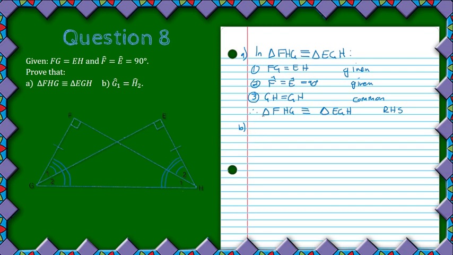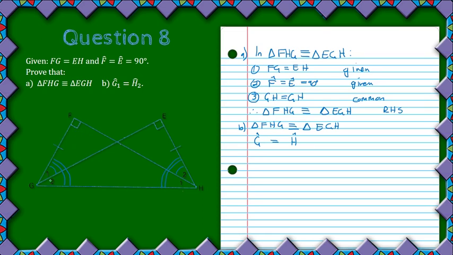So I can write that down. I can say, since triangle FHG is congruent to triangle EGH, I know that angle G is equal to angle H. And that was the second angle of the three angles of the two triangles that are equal.